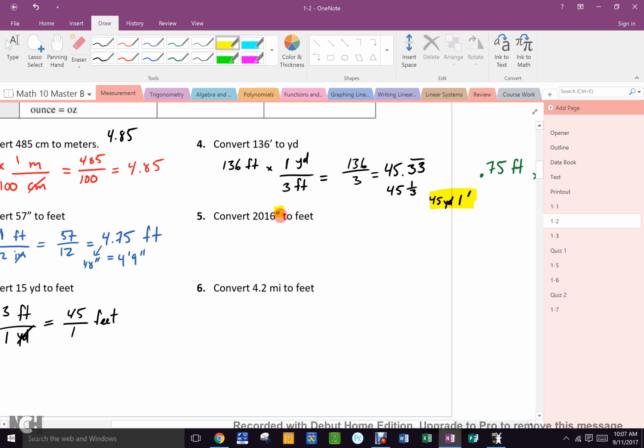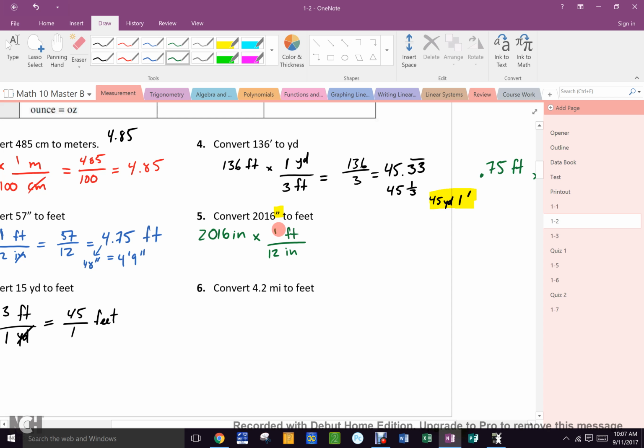What is the 2 little ticks? Inches. So I'm going to write that out in English because I don't like those little inches thing when I'm doing math because it's hard to remember how to cancel it. So 2016 inches, times, what do I want? Feet over what I have, inches. Then I fill in the numbers. It's 1 foot for 12 inches, right?